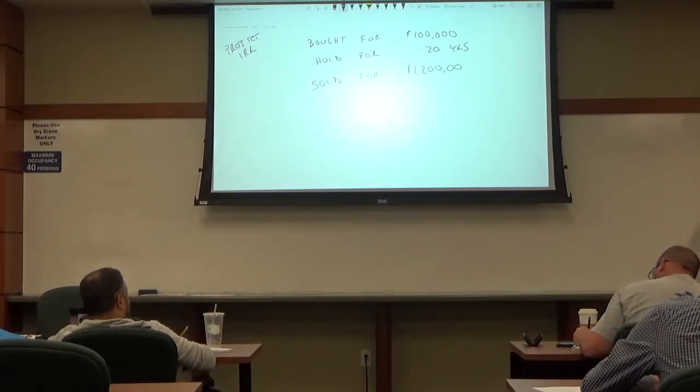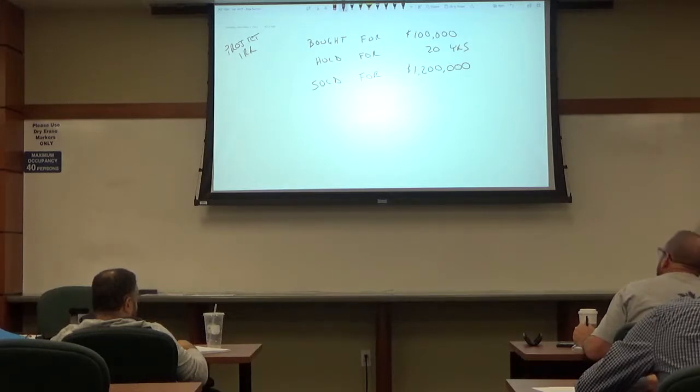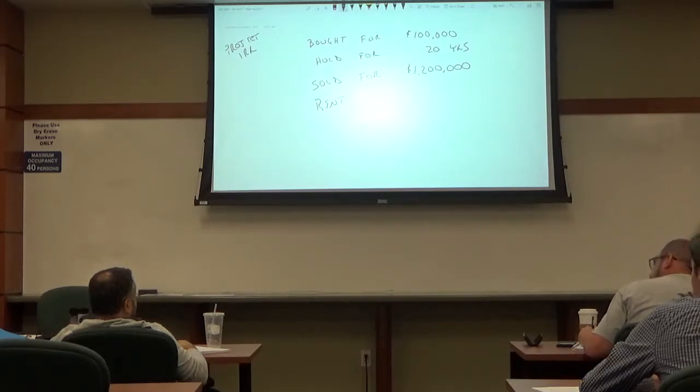All right. And what sort of a rent is it going to receive on a triple net basis? Well, 18 what? You wanna do it monthly? Or you wanna do it annually?